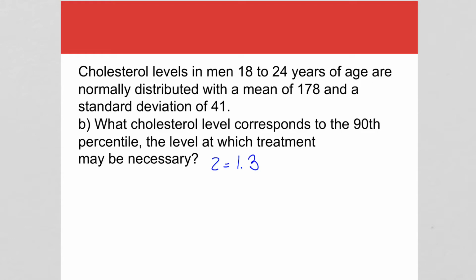So it says what data value, what level would correspond to that. We're going to plug into our formula, except we're plugging in 1.3 for z, and we need to solve for x, where the mean was 178, and the standard deviation was 41.